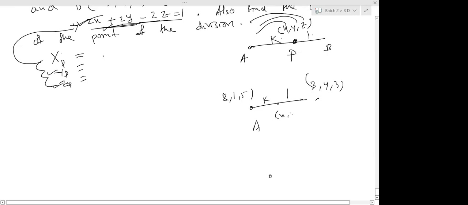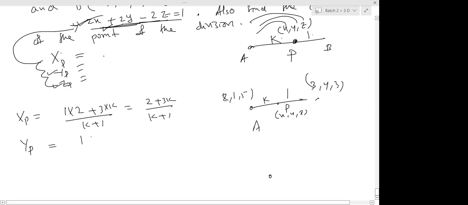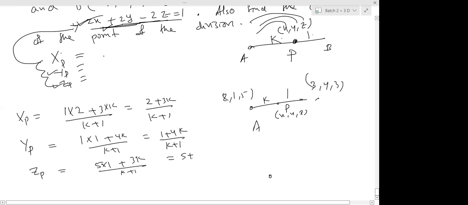So the point P is x, y, z. xp will be (1 into 2 plus 3 into k) upon k plus 1, so this is (2 + 3k) upon k + 1. yp will be (1 into 1 plus 4k) upon k + 1, so (1 + 4k) upon k + 1. zp will be (5 into 1 plus 3k) upon k + 1. I did nothing but apply the formula.